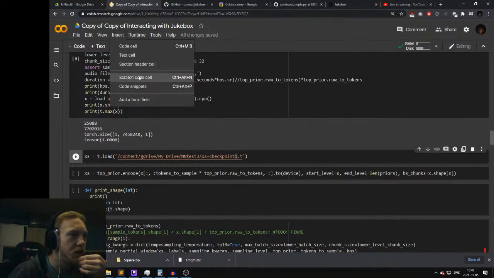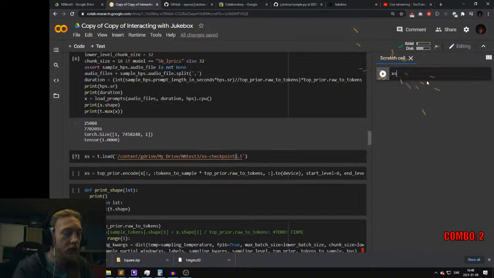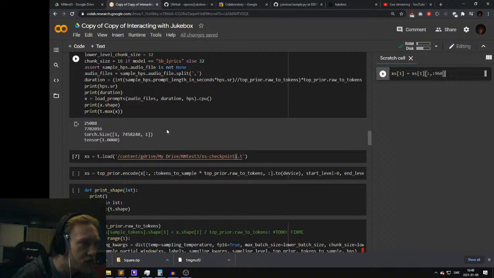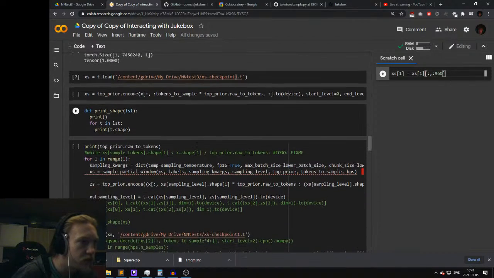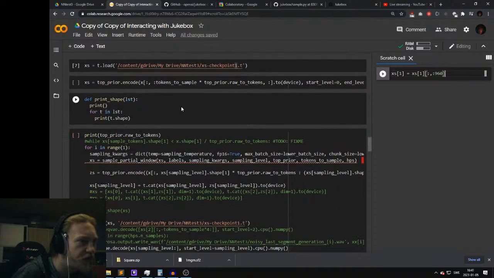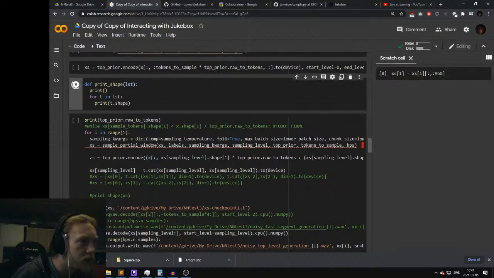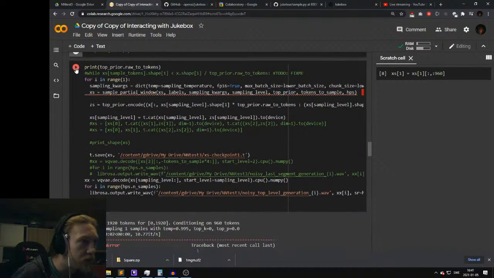We're gonna do the same thing again. XS1 is XS1, but we only want the first 960 because we already did the encode before where we got those first 960. Let's go.